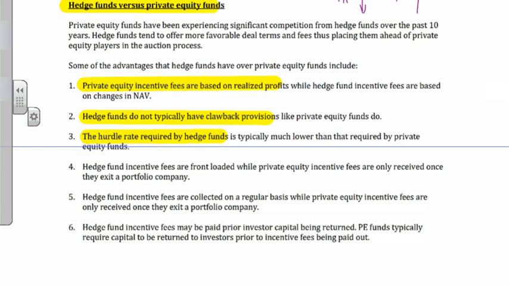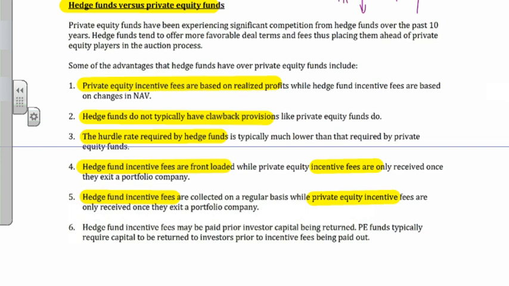Number 4, hedge fund incentive fees are front loaded, similar to what we saw previously. Private equity funds really get the incentive fee at the end. Point 5, hedge fund incentive fees are collected on a regular basis, normally annually.